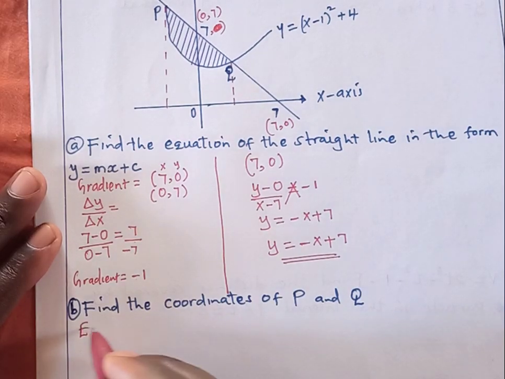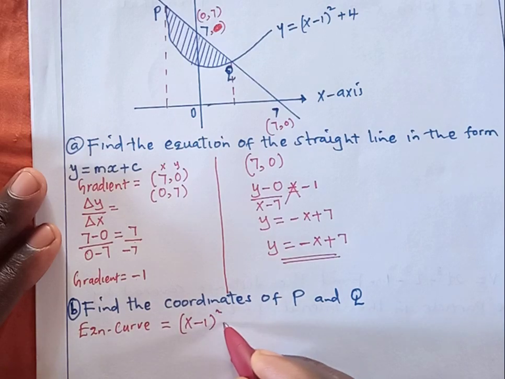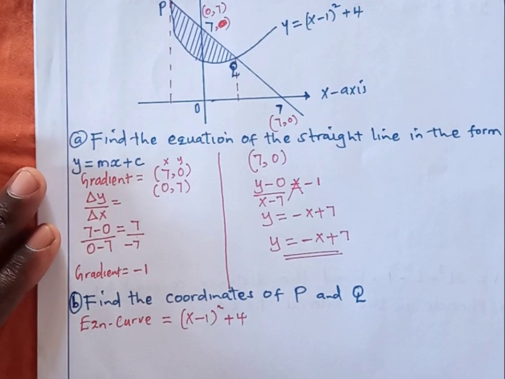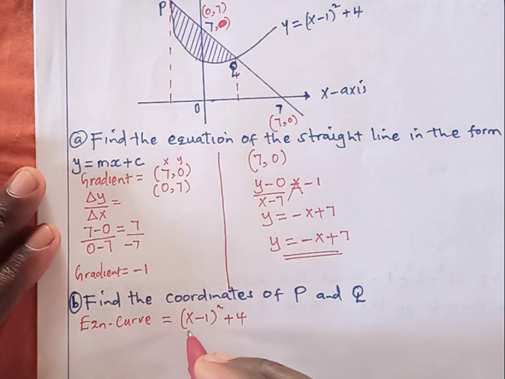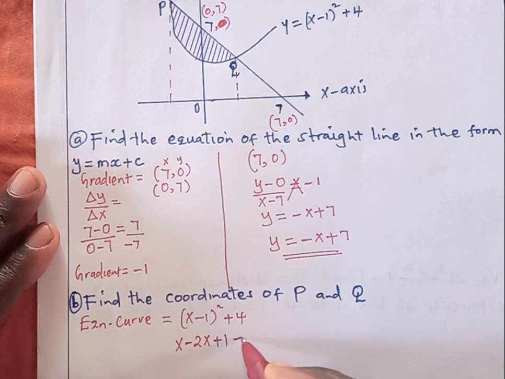The equation of the curve is (x - 1) squared, then plus 4. Let us simplify this and write our equation in the form y = mx + c. If you expand this, we get x squared minus 2x plus 1 plus 4.